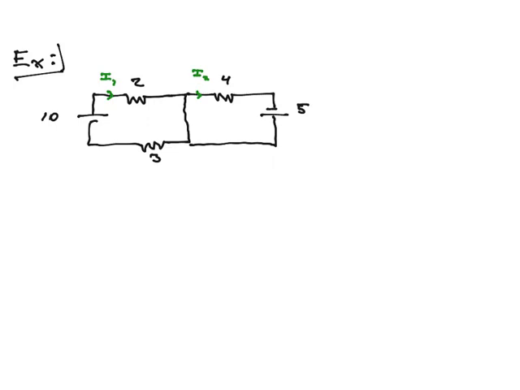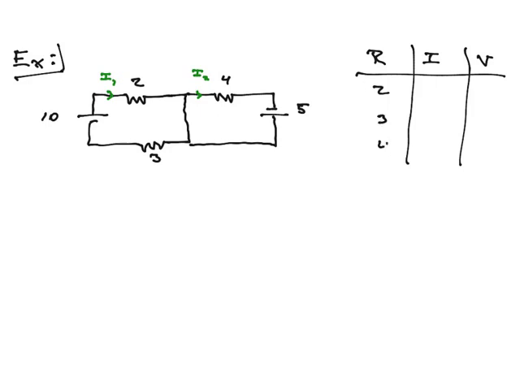Or I can even do like we did before, and we could say, here's a table, R, I, V, and for each resistor, we want to solve these things. This will be even easier. Just find everything. For each one of the resistors, I want to know how much current is hitting that resistor and what's the voltage drop by that resistor. Just like we did with Ohm's law, only now we're going to use loop analysis to do it.